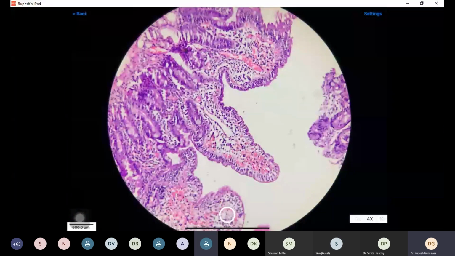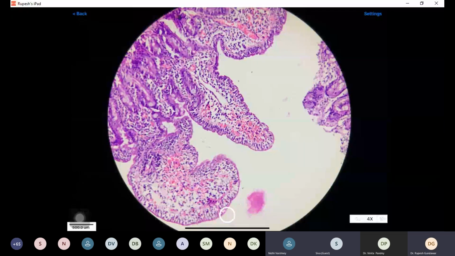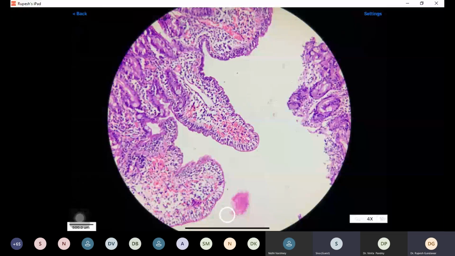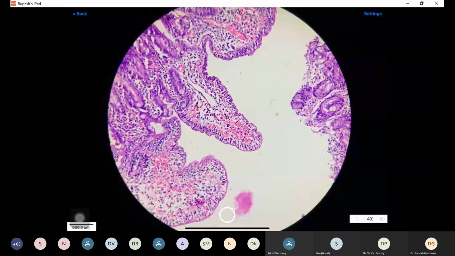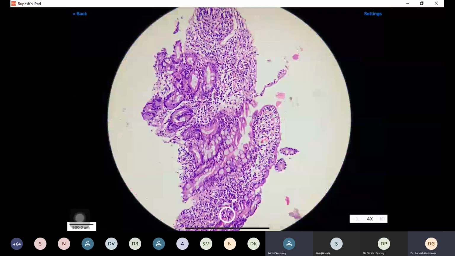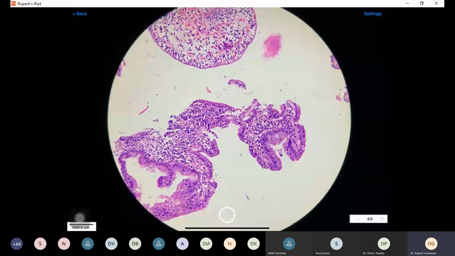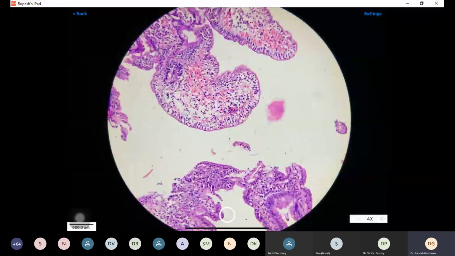There should be protein losing enteropathy. Okay, may I know the name? Who is speaking with me? Your name, please. Nidhi. Okay, Dr. Nidhi, we will just have a one-to-one conversation, so that there will not be much disturbance with other people.